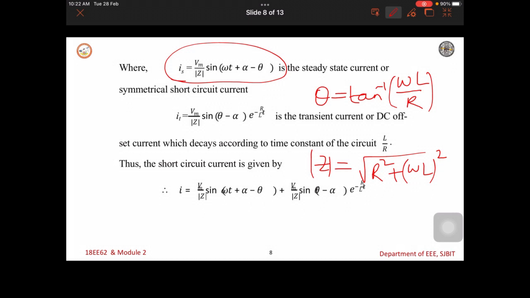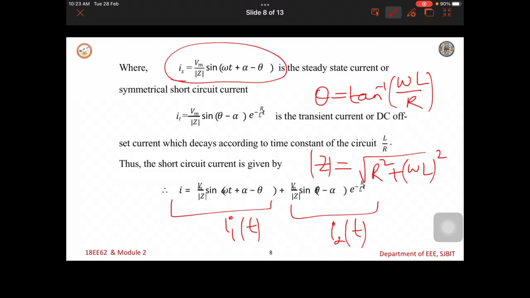So, this equation has two parts. One is the steady state value of the current in the circuit, called the symmetrical short circuit current. This is i1(t), that is Vm by Z sin(omega t plus alpha minus theta), and then the second part, that is i2(t). i2(t) is an exponentially decreasing function of time.